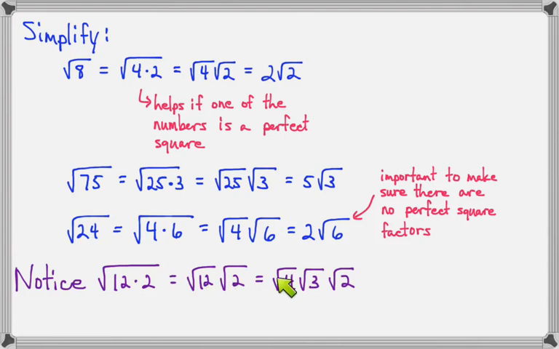The square root of 12 is going to be square root of 4 times square root of 3. Then the square root of 4 is 2. And I have 2 times the square root of 3 times the square root of 2. But now the product rule says I can smush these back together into one radical. So 3 times 2 is 6. And I get 2 times the square root of 6. And we still get the same answer we had before, but you see that we just had more steps. So it's not that this is wrong, it's just that this is more convenient.